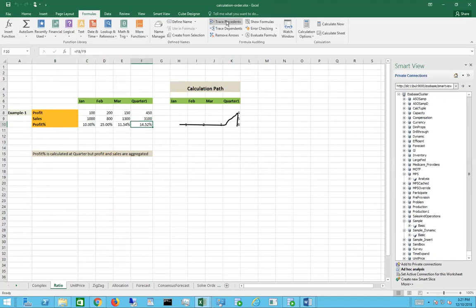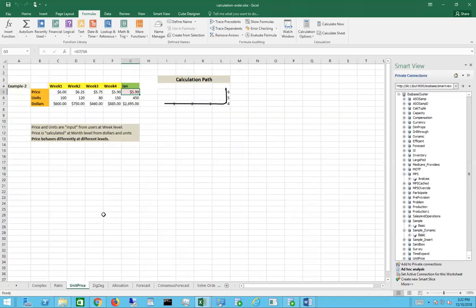If you look at profit percentage, this doesn't aggregate, right? So what you have to do is compute profit percentage like this. Then you need to compute the aggregation of profit and sales. Then you need to compute profit percentage. So not all metrics behave the same way. The calculation flow is something like this. So you need an analytic engine that allows you to express a flow like this.